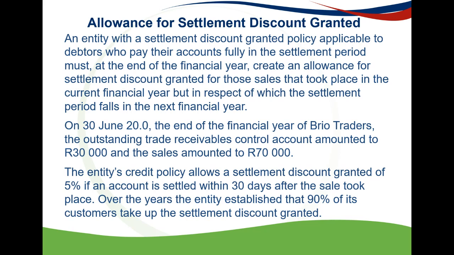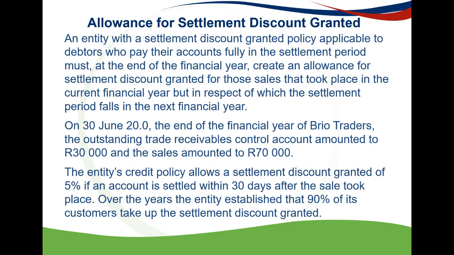Over the years, the entity established that 90% of its customers take up the settlement discount granted. So from historic information, it's possible to determine that more or less 90% of the debtors normally make use of this settlement discount. So at the end of the financial year, we're going to make use of that information when we need to calculate and bring in this allowance for settlement discount granted.